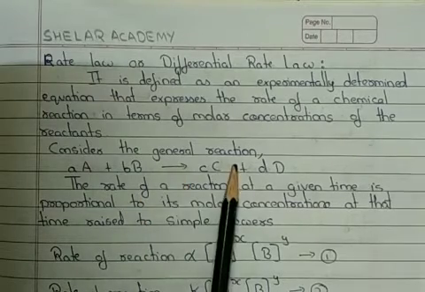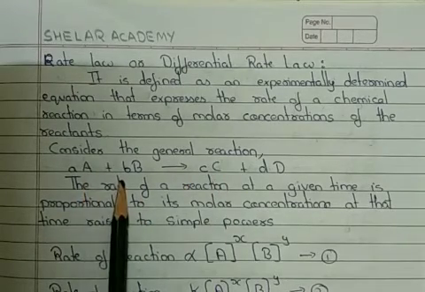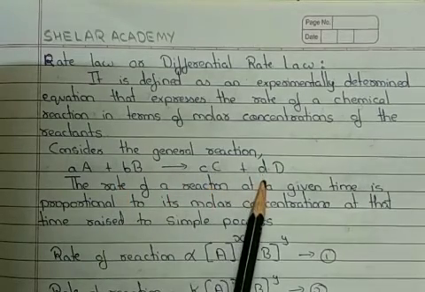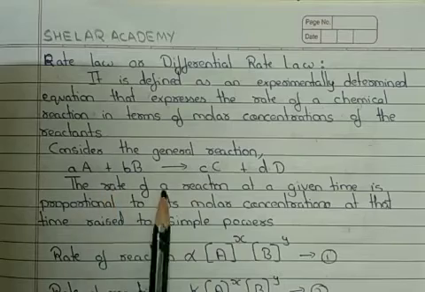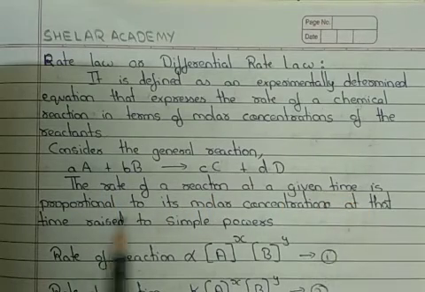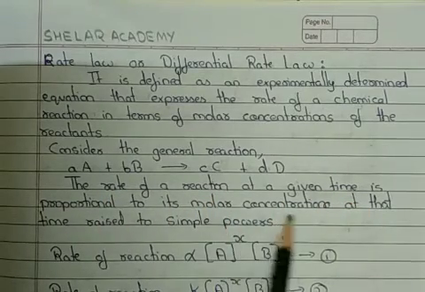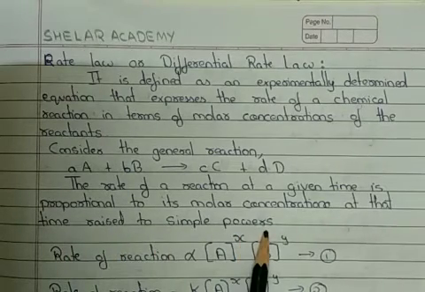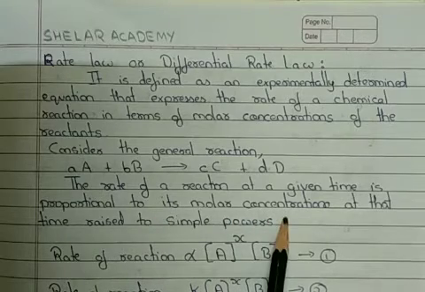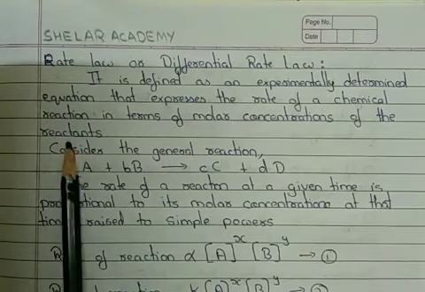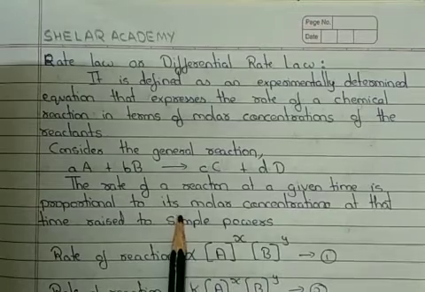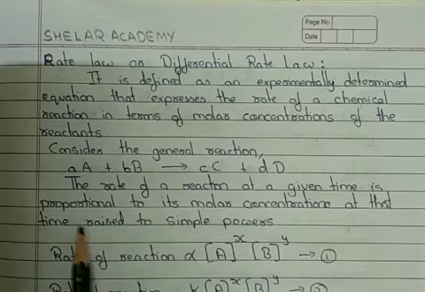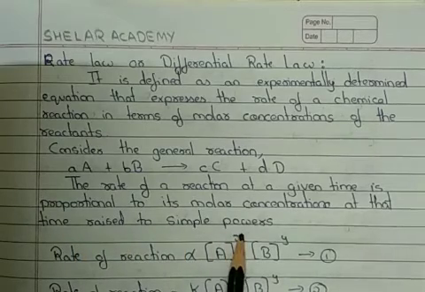Suppose I take a general reaction: a moles of A combining with b moles of B to form c moles of C plus d moles of D. Now, the rate of reaction at a given time is proportional to the molar concentration of reactants at that time raised to simple powers.